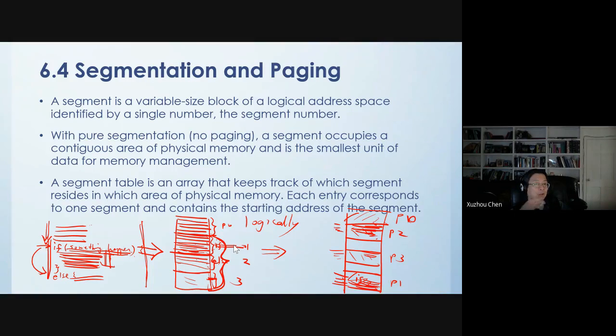Suppose I have a moving company, and the company is going to divide their moving truck into components of the same size. I can say that's a page, or a frame. So I can divide my whole truck into 4 frames or 5 frames. Each frame has the same size.